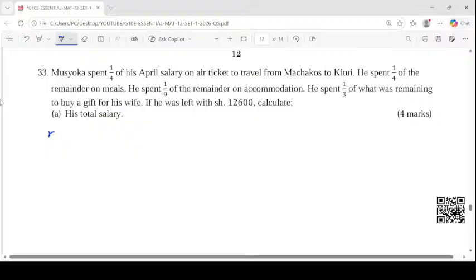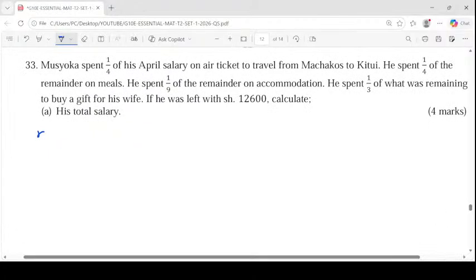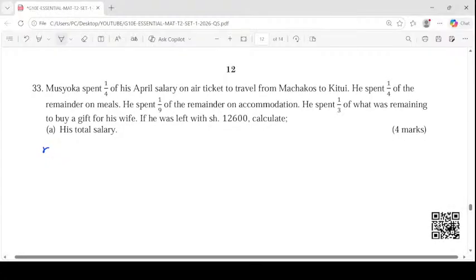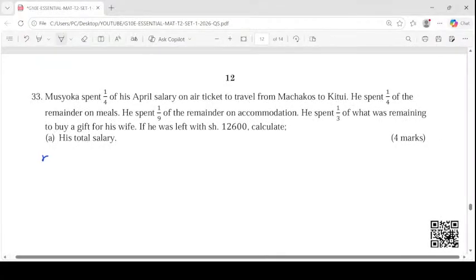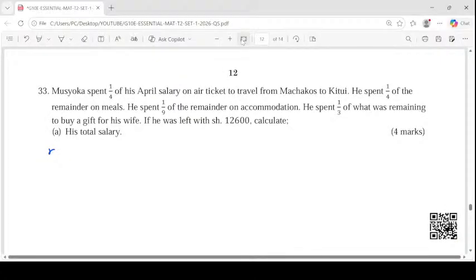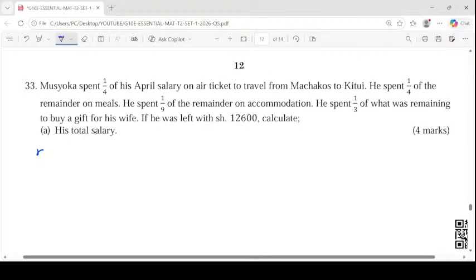So let us see. I don't know why this thing is not doing what I want. My pen is not writing. Let me see. It's still not doing what I want.